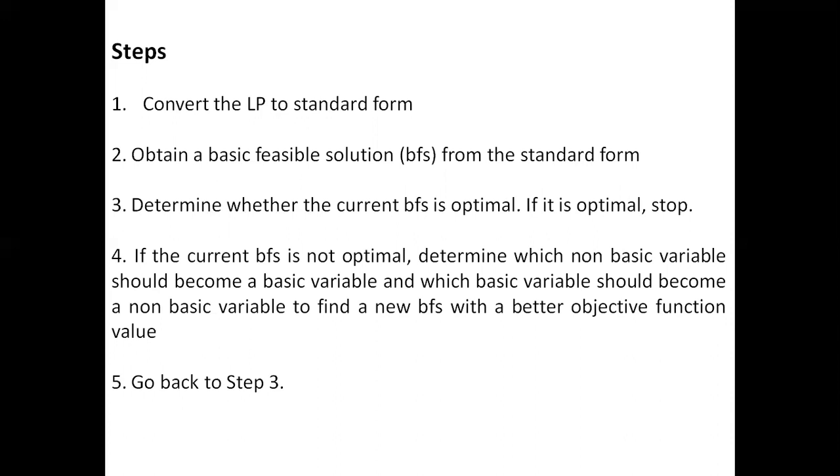We will be identifying those values graphically and identifying whether the region that exists is within the feasible range or not. That is a feasible solution, BFS, basic feasible solution, from the standard form.